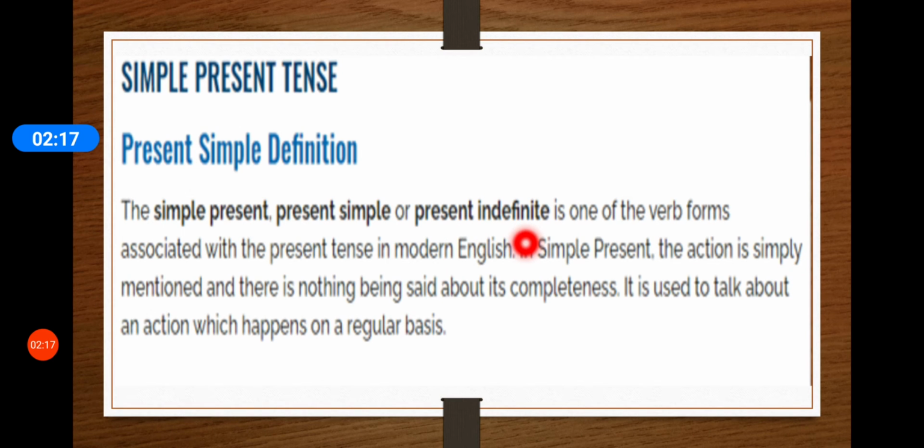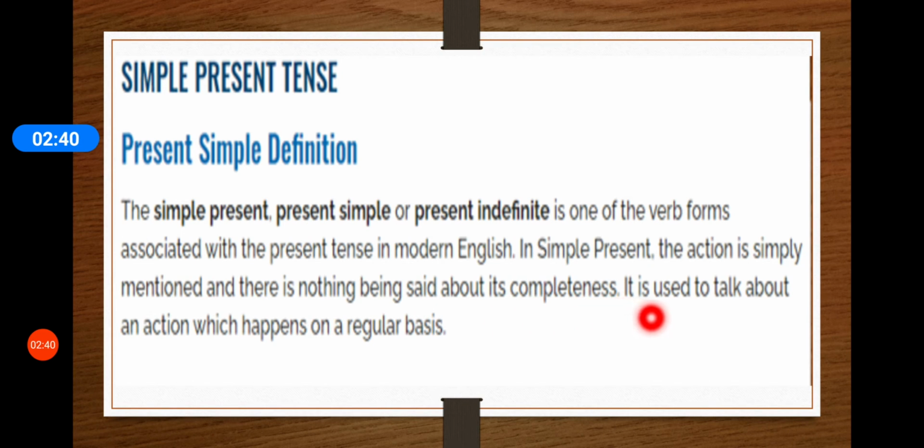So this tense is one of the verb forms associated with the present tense in modern English. In simple present tense, the action is simply mentioned and there is nothing being said about its completeness.